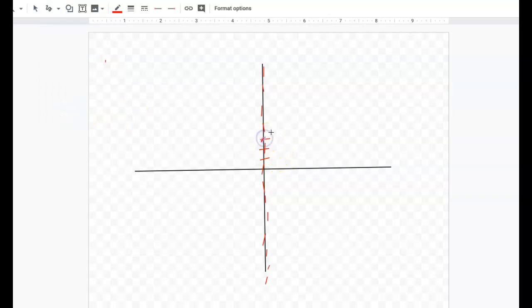Then it has a slope of 1, so up 1, over 1, and then up 1, over 1. It looks like that's not filled in, so let's just imagine that this is y equals x plus 3. This would happen at -3.